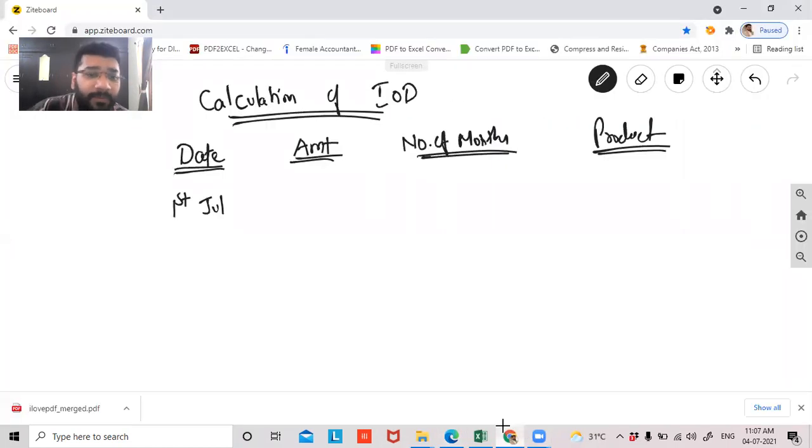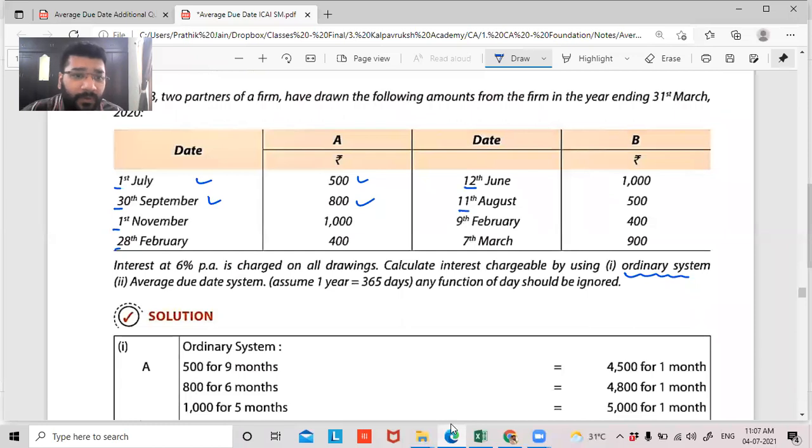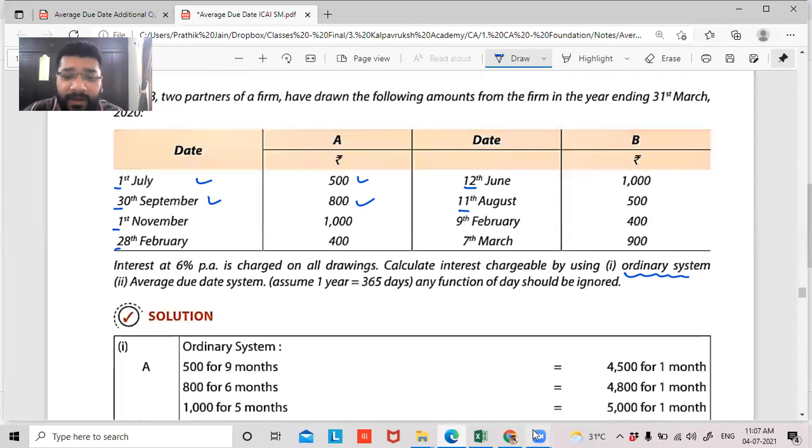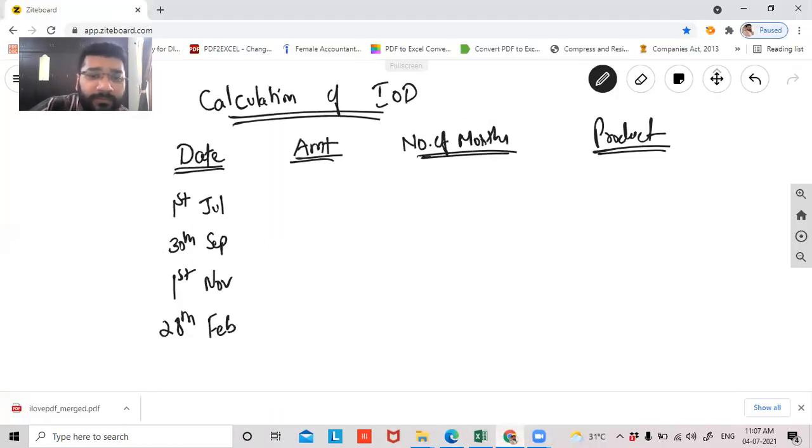Second is 30th September. Then 1st November, 28th February. And what is the amount, guys? The amount is 500, 800, 1000, and 400.